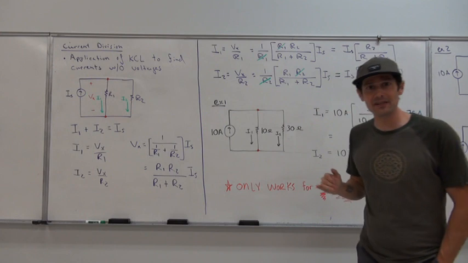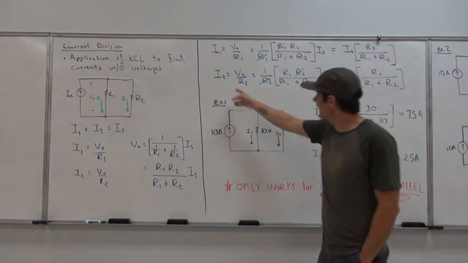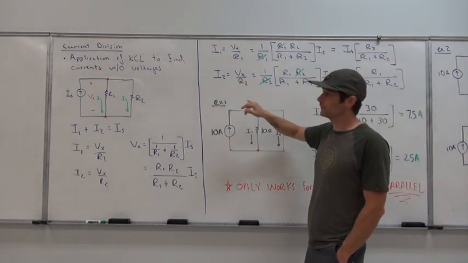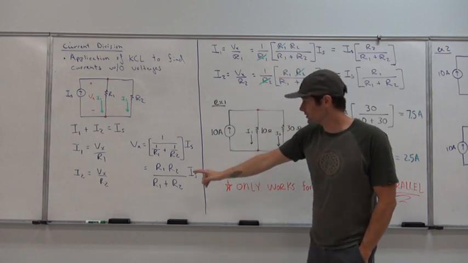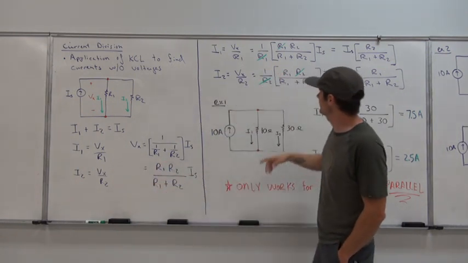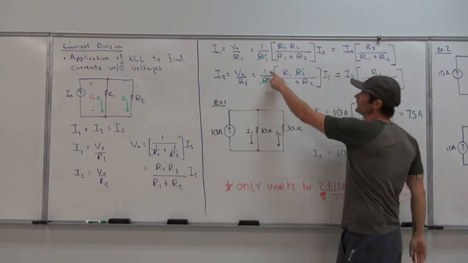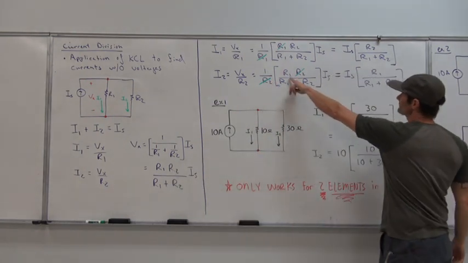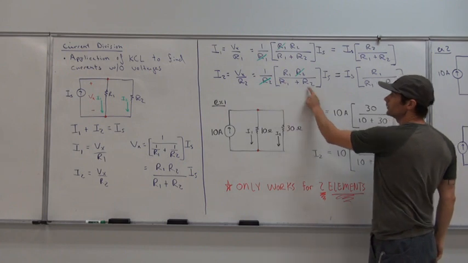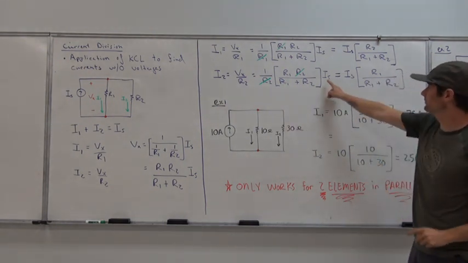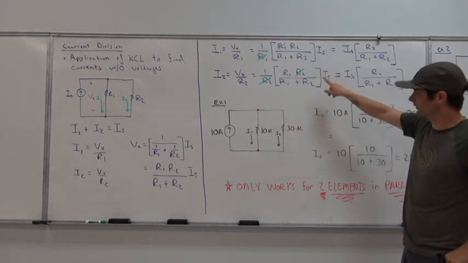Let's see if that's consistent for I2. I2 is equal to Vx over R2. So just like we showed down here, Vx over R2, we substitute in what we found for Vx. So 1 over R2 multiplied times R1 times R2 over R1 plus R2 multiplied by IS.